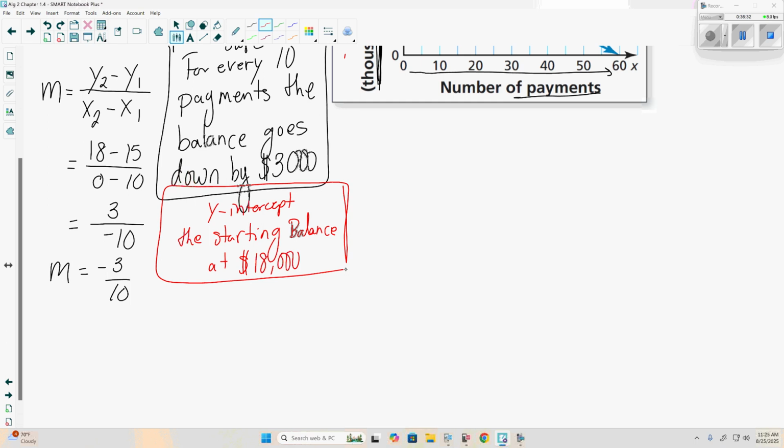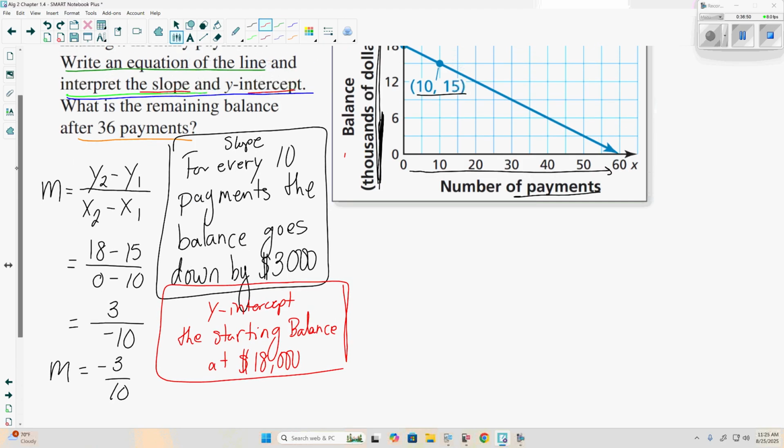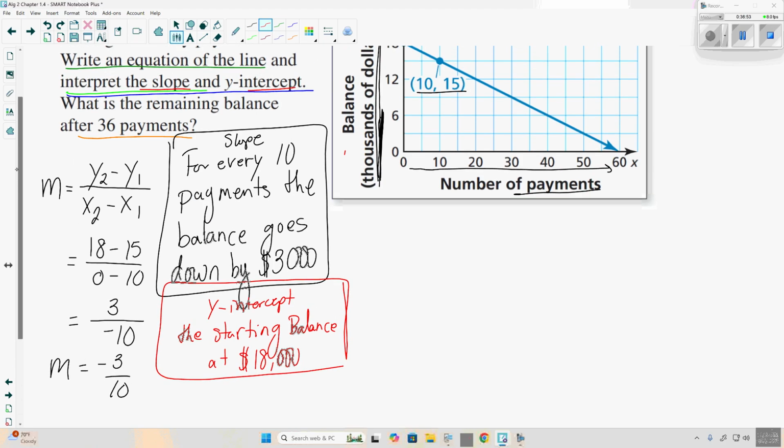So our slope is saying that for every 10 months, we're paying $3,000 off. The balance goes down $3,000. The y-intercept tells us that the starting balance is $18,000. Questions on this here?